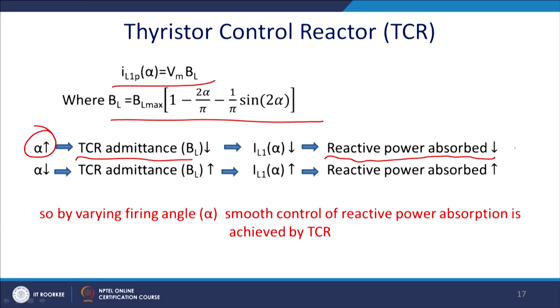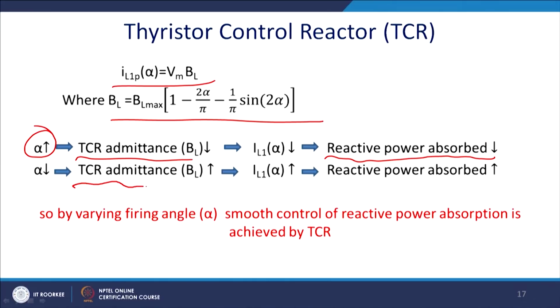If we decrease alpha, then the admittance will increase and the value of I_L1 will increase, so the reactive power absorbing capability of the TCR will be increased.